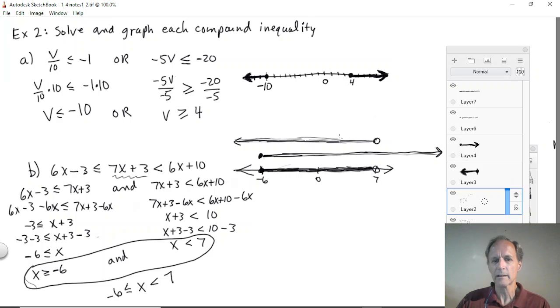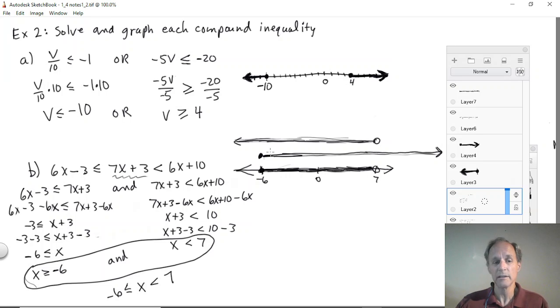But the problem stipulated that it's AND, right? And that's what we got. They have to both be true. So if it has to be greater than or equal to negative 6 and less than 7, it's the overlap between the two graphs that we drew up above. Where do they overlap?